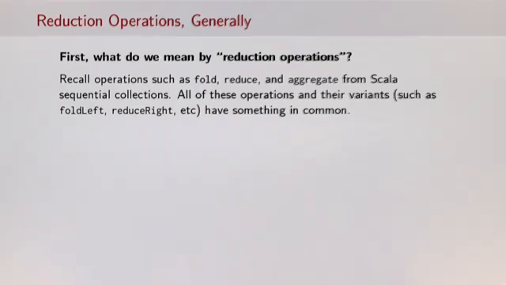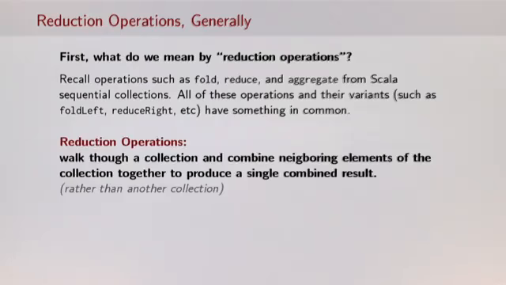By reduction operations, I mean operations such as fold, reduce, or aggregate from Scala collections. All of these operations, including their variants like fold left or reduce right, have something in common about how they're computed. They have some shared structure of computation. Can you remember what that is? So we can conceptually say that reduction operations walk through collections and combine neighboring elements together to produce a single combined result.